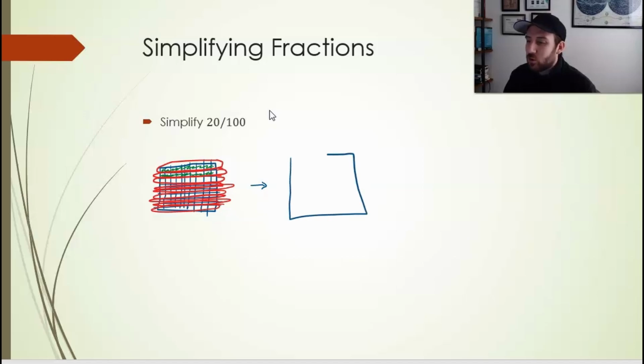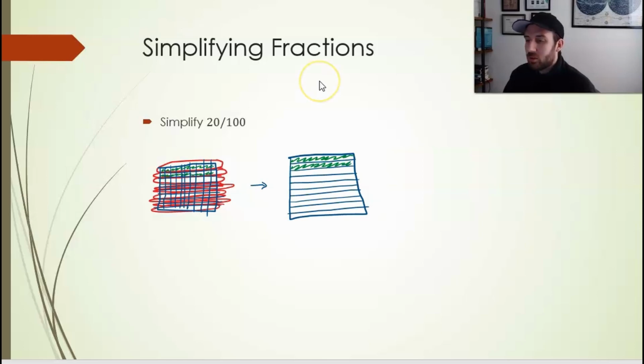So that instead of dividing it into 100 pieces, we could divide it into 10 pieces. So we'll do 3, 4, 5, 6, 7, 8, 9, 10. If we have 10 pieces and we claim 2 of them to be green, it's the same quantity as what we had in the original picture.